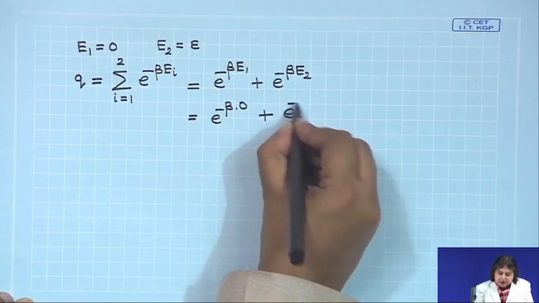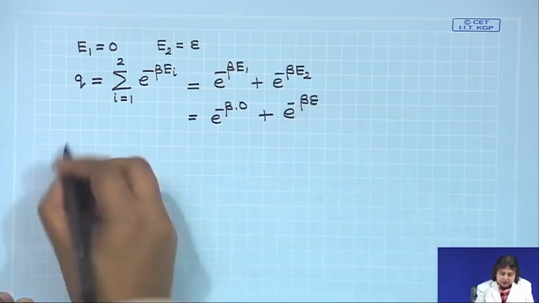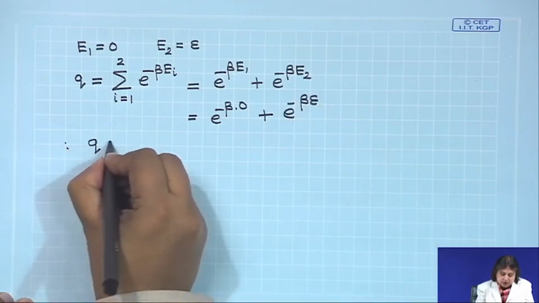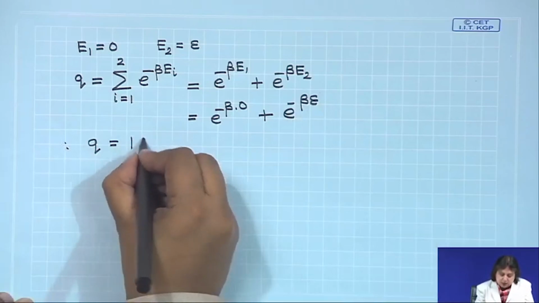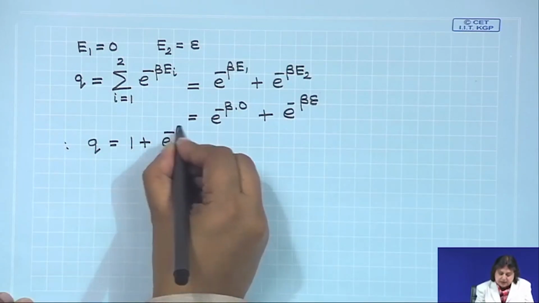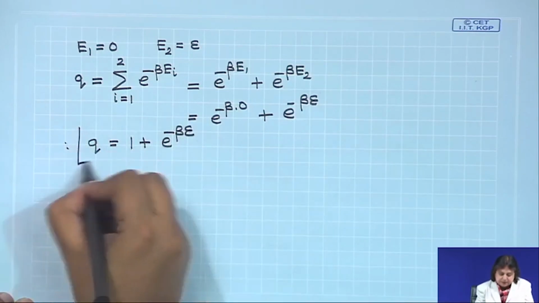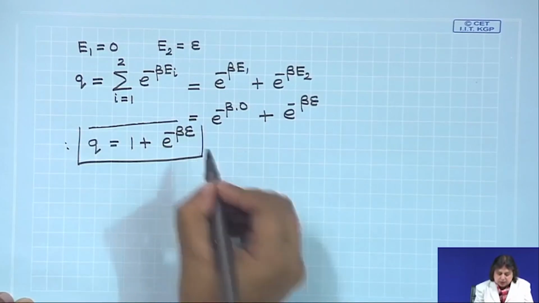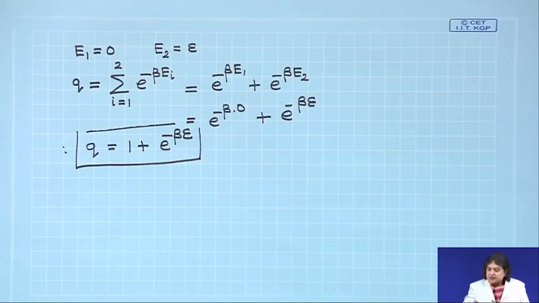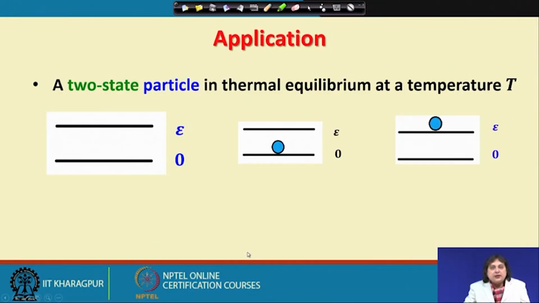So, e to the power of minus beta epsilon. So, what is the final form of Q? The final form of Q is 1 plus e to the power of minus beta epsilon. Okay. So, this is basically a generalization of what I had from the spin-half particle system.